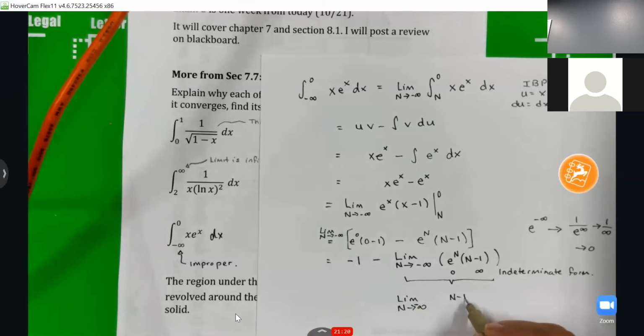Leave the n minus 1 in the numerator, and I'll have a 1 over e to the n here. But maybe it's easier to think of it as just this part: n minus 1 over e to the minus n.